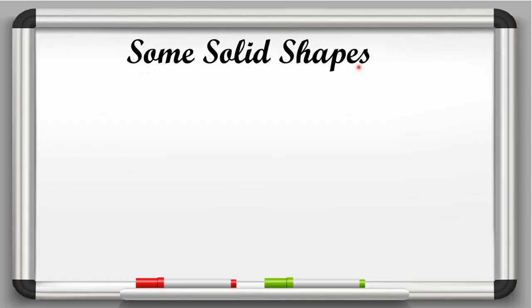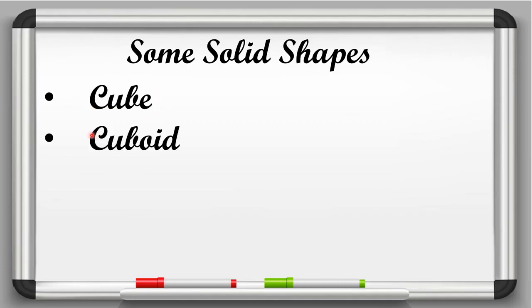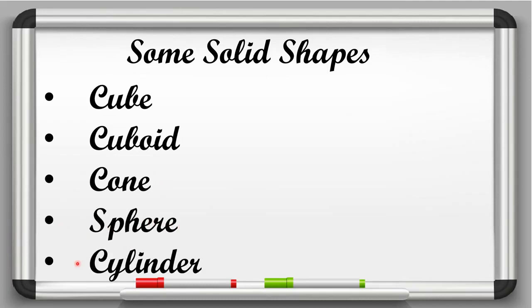Some solid shapes. So today we will learn some solid shapes. What are the solid shapes we will learn in this chapter? That is number 1, cube, cuboid, cone, sphere and cylinder. So in this chapter we will learn all these solid shapes.